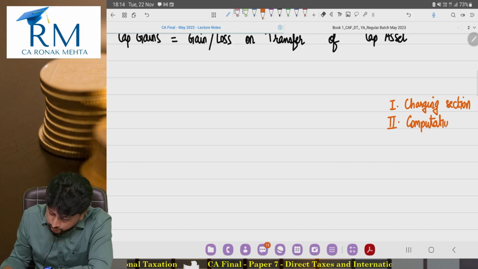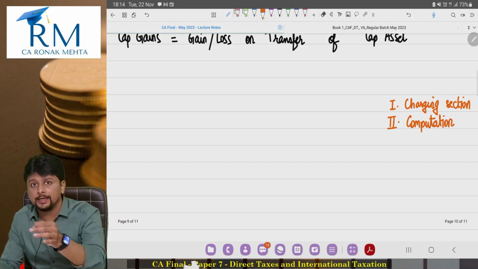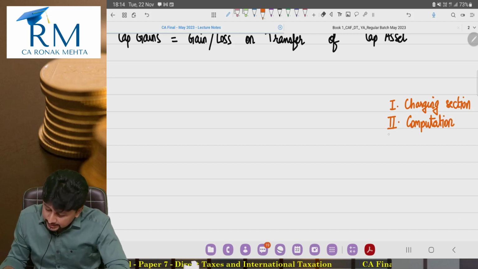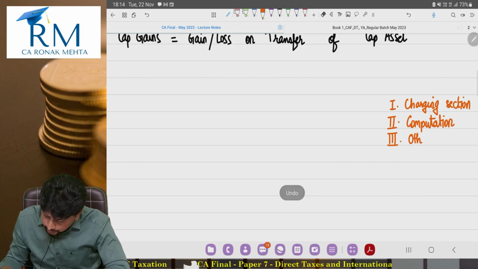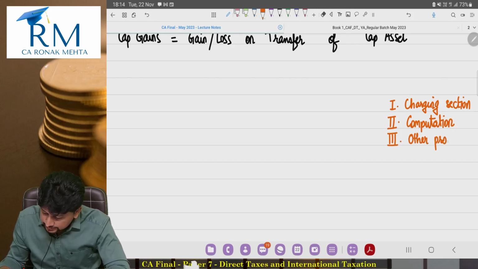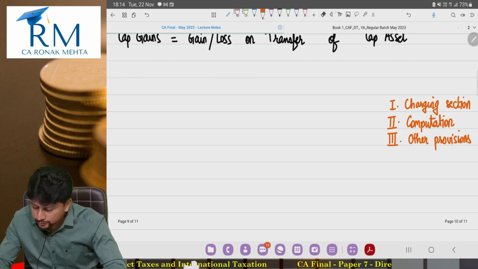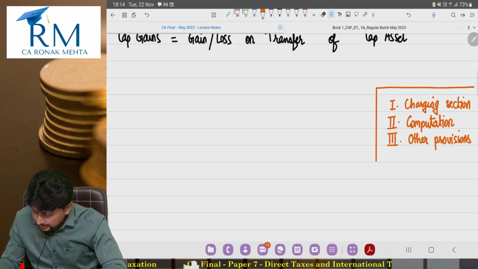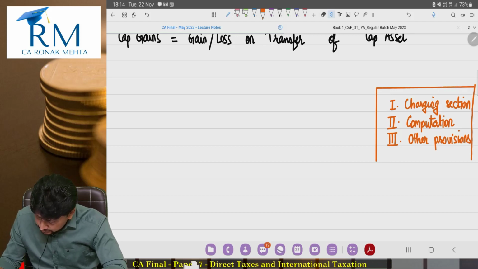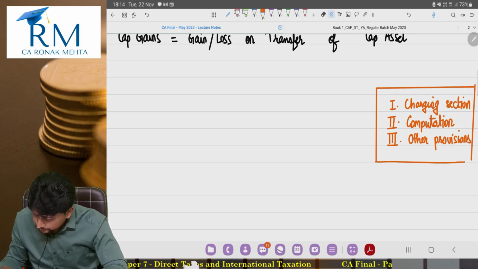All the sections, all the provisions created by the Income Tax Act relating to computation. And then yes, there will be some heads of income which will have concepts which are not strictly computation concepts, but yes, you have to study them in that head. This should ideally be your sequence to study any head of income.